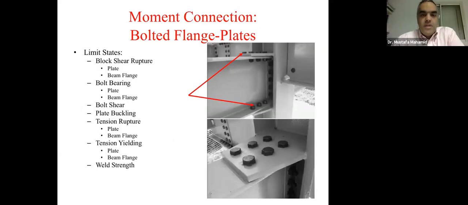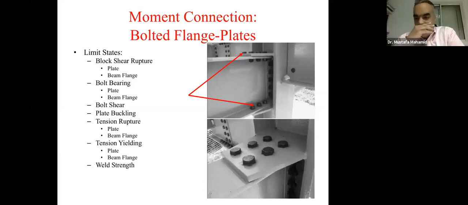Now, for moment connections, it depends on the type of moment connection that we're using, whether it's a bolted flange plates moment connection, or a welded flange plates moment connection, or if the flanges are welded directly to the support.